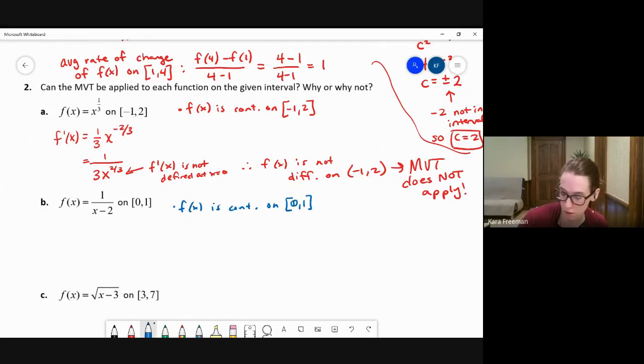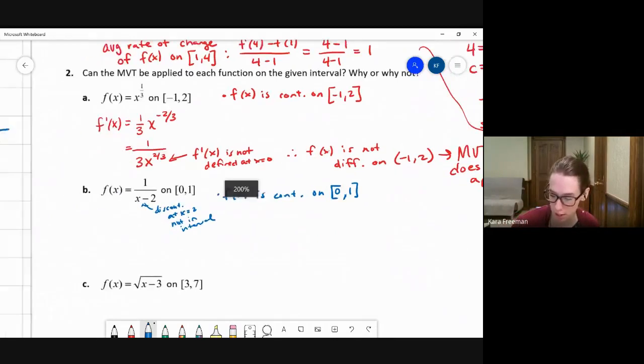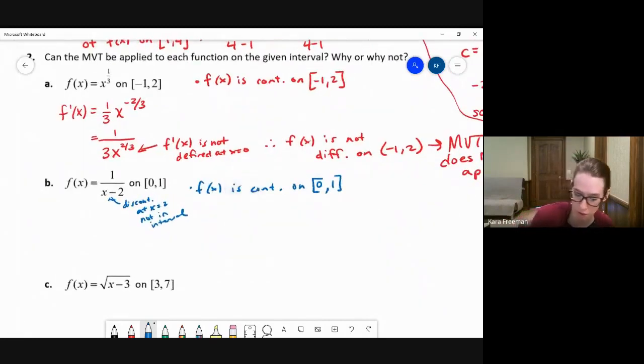I don't know what I wrote there. 0 to 1. We can kind of make a note, discontinuous at x equals 2, not in interval. Okay, so we're continuous. Now let's see if we are differentiable.